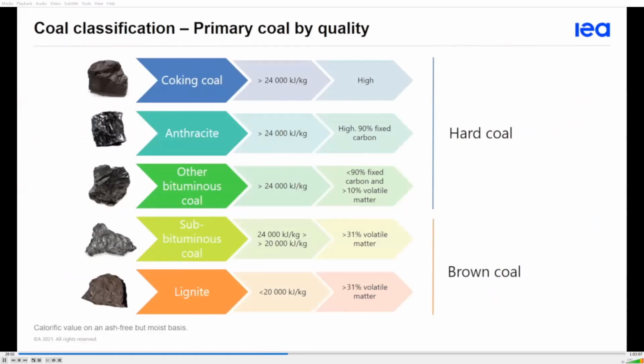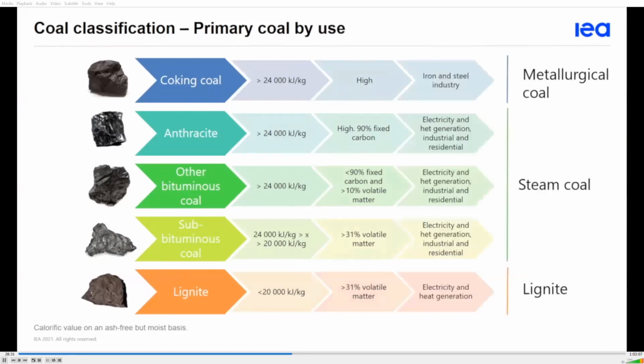And from that, we would have a distinction between coking coal, anthracite, other bituminous coal and sub-bituminous coal, and lignite. The distinction being made with their calorific value, the amount of energy that they contain, and the amount of carbon within their physical constituents.